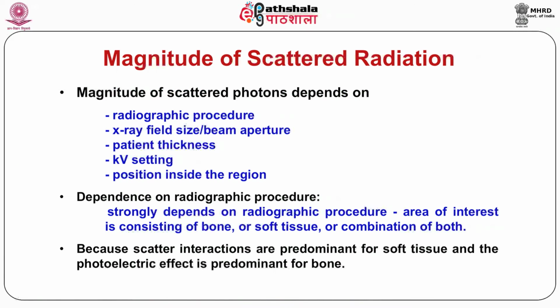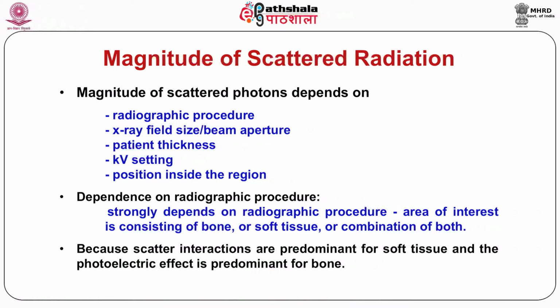The magnitude of a scattered photons depends on radiographic procedure, X-ray field size or beam aperture, patient thickness, kV setting and the position in 3D.